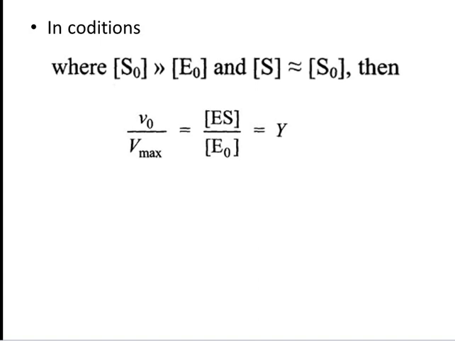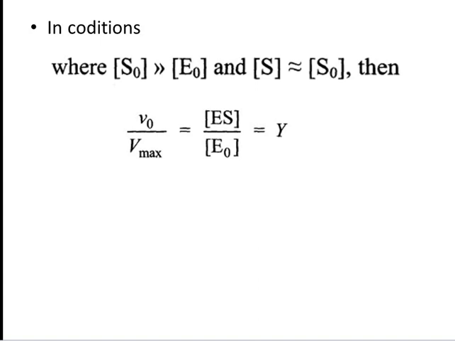Then the concentration of enzyme substrate complex does not vary with time, and in the most straightforward system, V0 is proportional to the concentration of enzyme substrate complex. Under these conditions, V0 by Vmax is equal to the concentration of enzyme substrate complex divided by the concentration of total enzyme, which is equal to Y.